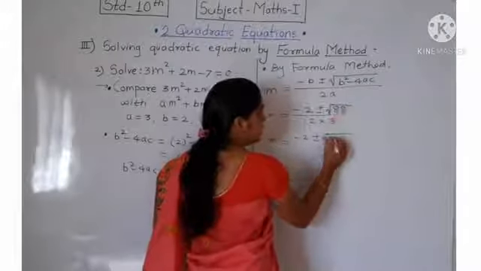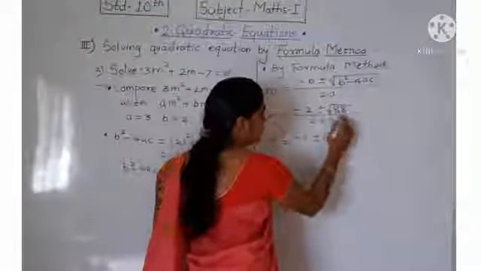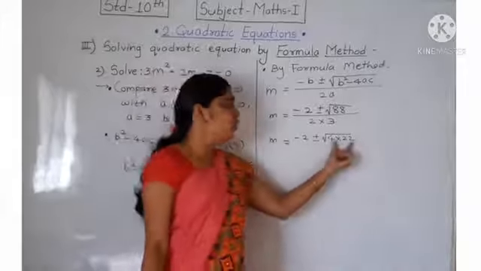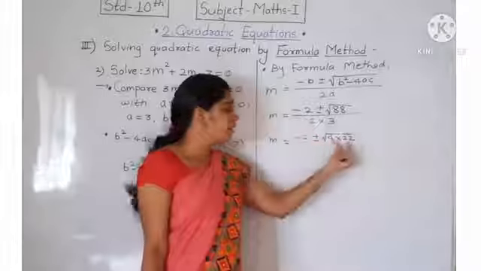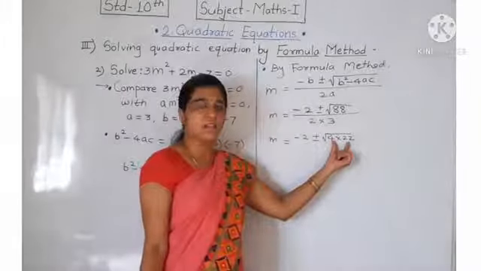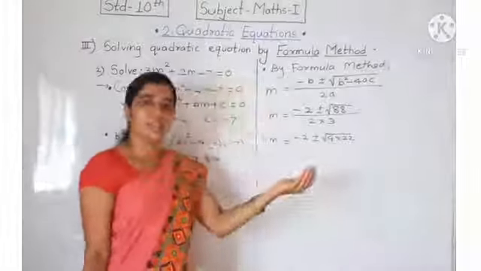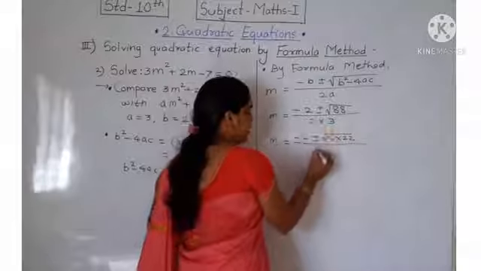We simplify this. 88 we can write as 4 into 22, because we get one of the factors as a square root. We have to make the factor of 88 such that one square root can be taken outside. 3 2s are 6.